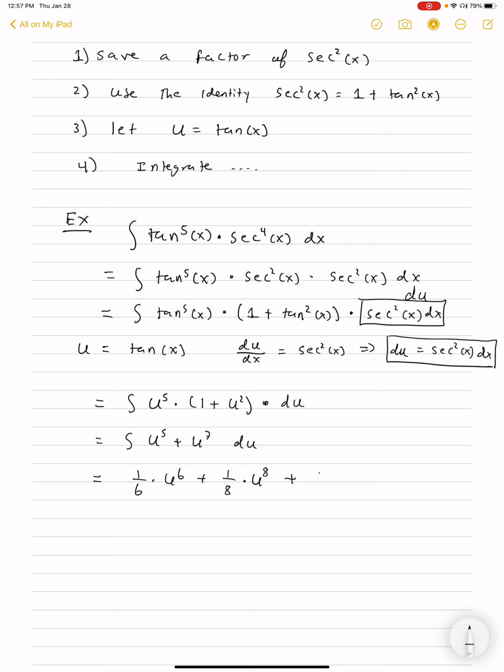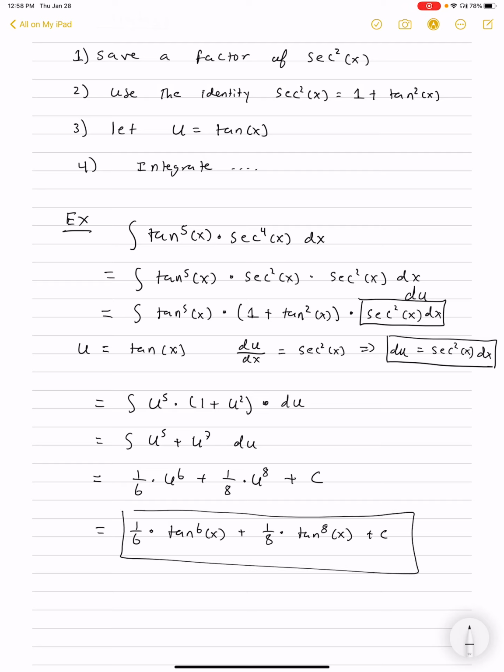And then we add our constant of integration. Now, I'd like our answer in terms of x, so we'll do 1/6 tangent to the sixth of x plus 1/8 times tangent to the eighth of x. I'll then add that constant of integration, and that's our answer.